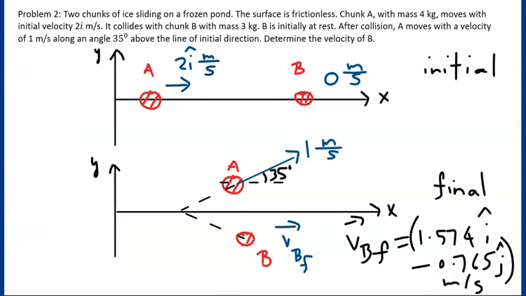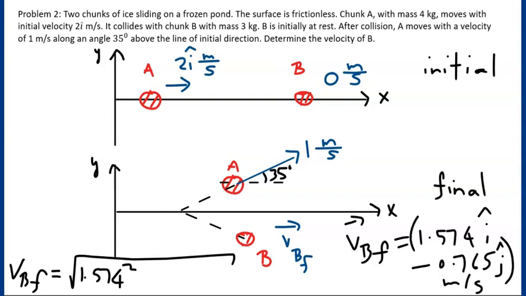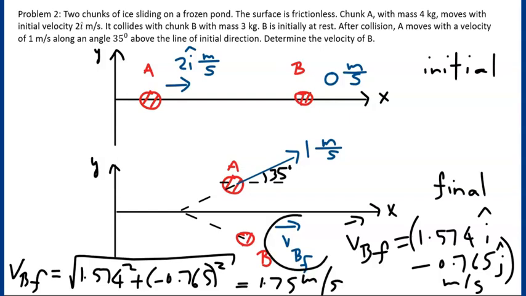The magnitude of that velocity can be determined in the usual way, like how we computed the magnitude of any vector. So 1.574 squared plus minus 0.765 squared, and that will be 1.75 meter per second. So that is the magnitude of the final velocity of object B.